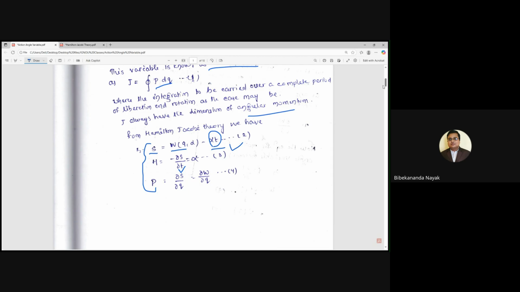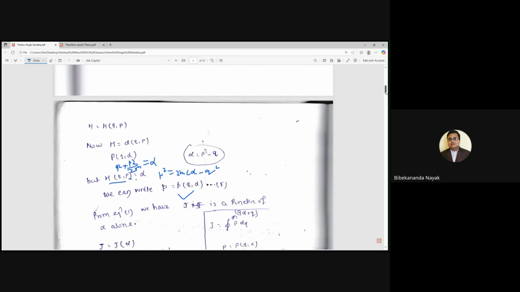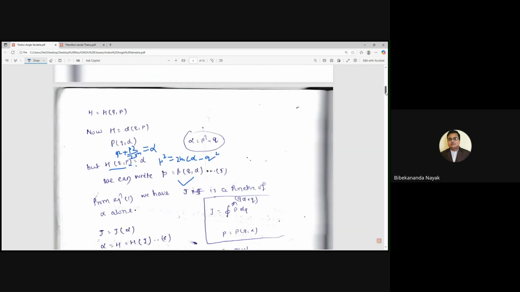Suppose for a circular path, you put the angle 0 to 2 pi. In place of Q, you put the value. So in the result, only alpha is present, no Q. Since Q is integrated out, now our J is a function of alpha only.